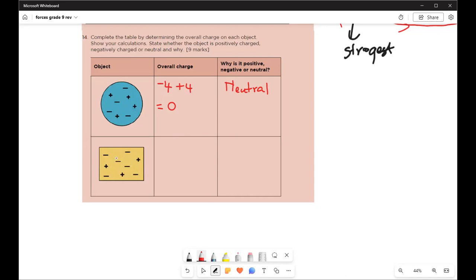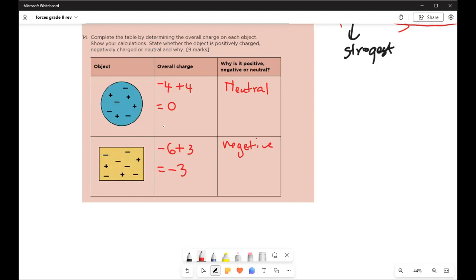Let's count the negatives here. 1, 2, 3, 4, 5, 6. -6. Positives we can see is 3. The overall will have -3. So here we're going to say negative. Your reason will be there is a surplus, or there are more electrons than protons.